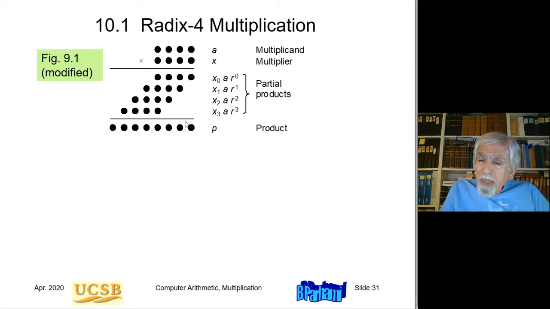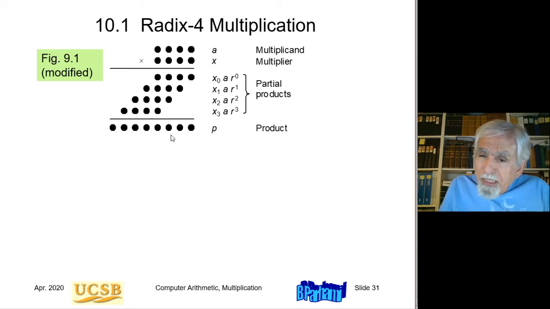Now, the same dot notation diagram can represent a decimal multiplication. So this is a 4-digit decimal number. This is a 4-digit decimal number. This is the 8-digit product of the two 4-digit numbers.